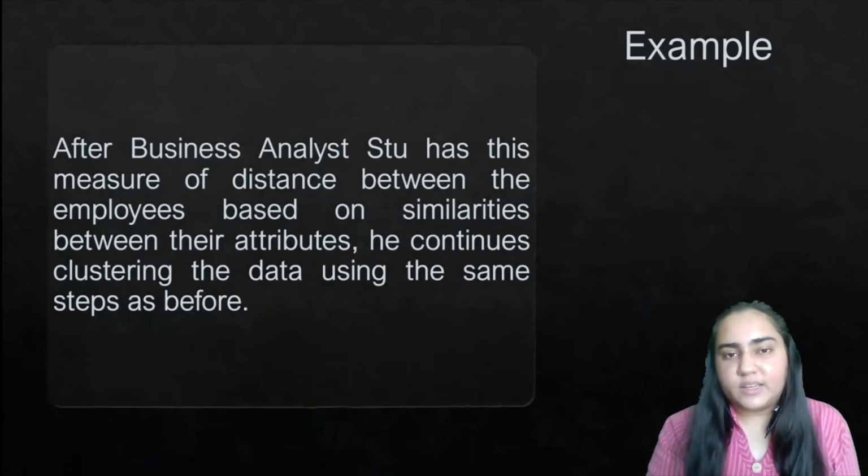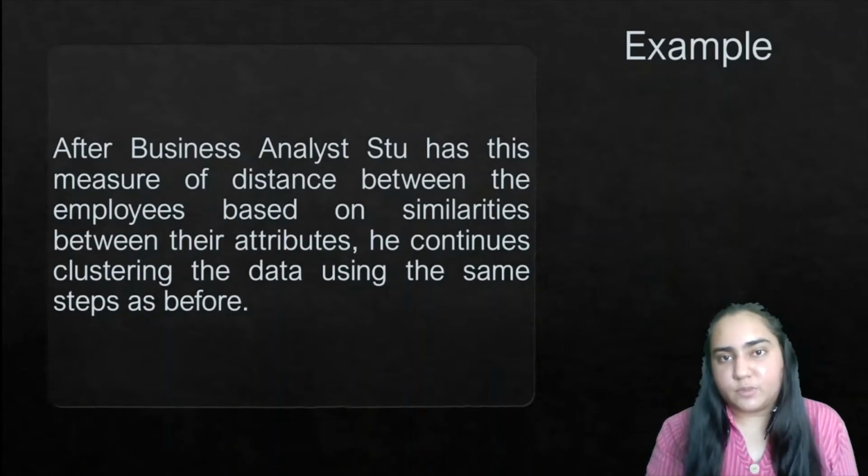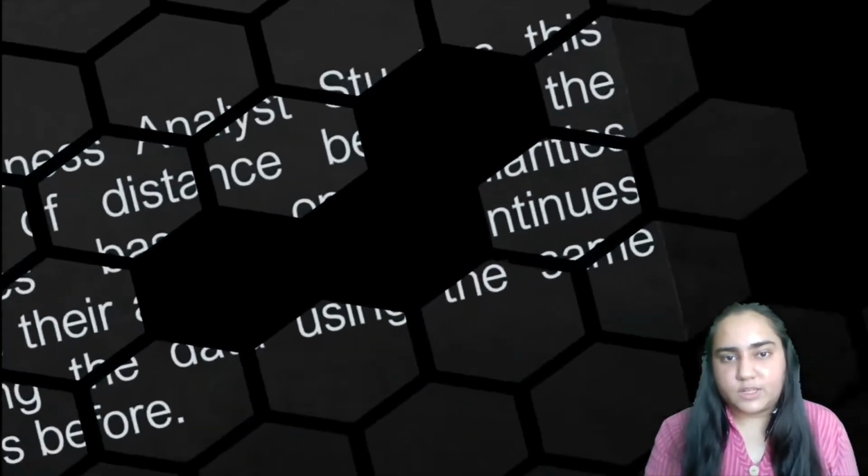Now, after business analyst Stu has this measure of distance between the employees based on similarities between their attributes, he continues clustering the data using the same steps as before. So how is that done?